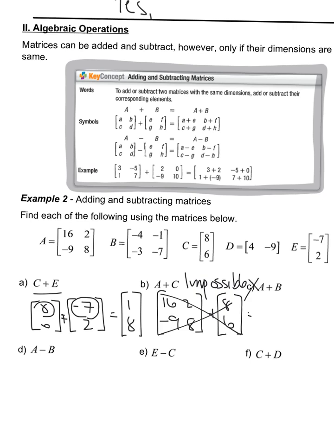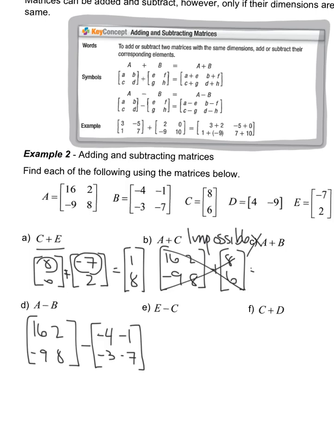All right, we'll skip C for now, and we'll jump into D. So we have 16, 2, negative 9, 8, and we're subtracting B, which is negative 4, negative 1, negative 3, negative 7. Lots of negatives, so we need to be careful here. To get the answer, we have 16 minus a negative 4.